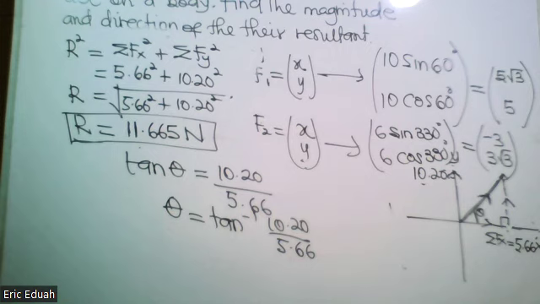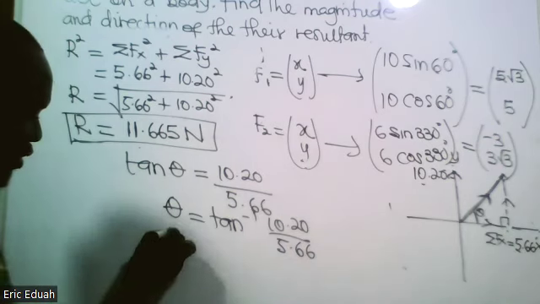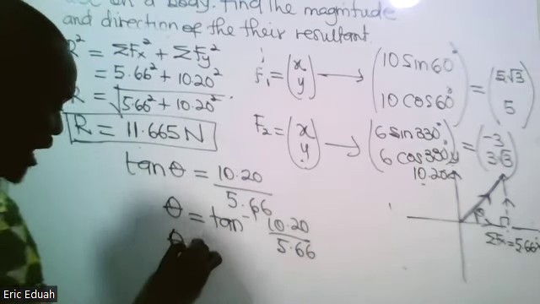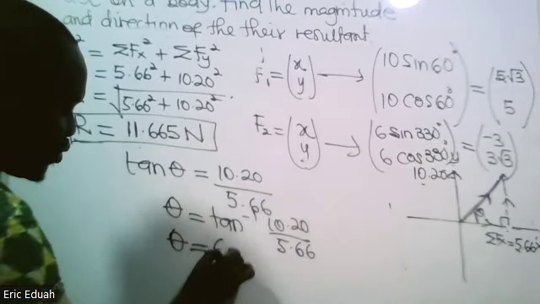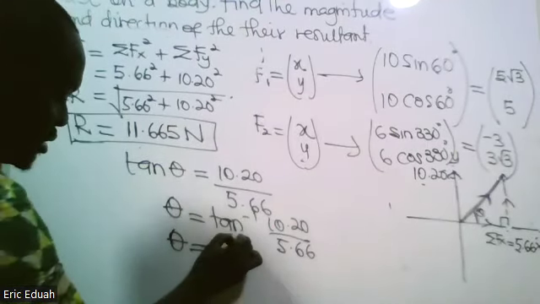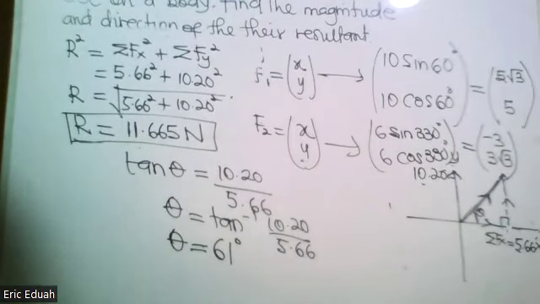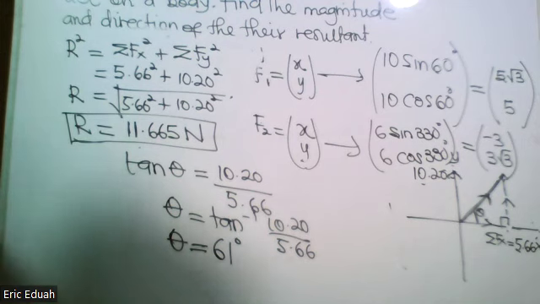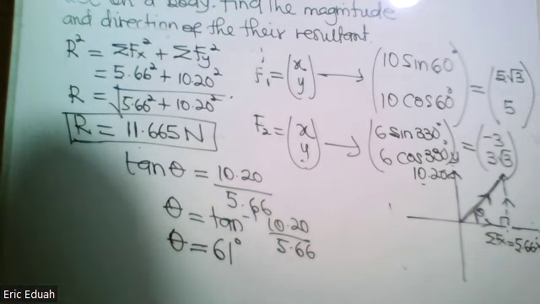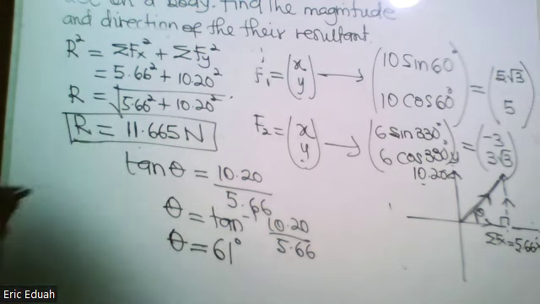And then 60.9, so the angle is approximately 61, because it is 60.97. So theta is approximately 61 degrees. That's the direction. So the resultant acts at 61 degrees from the east.